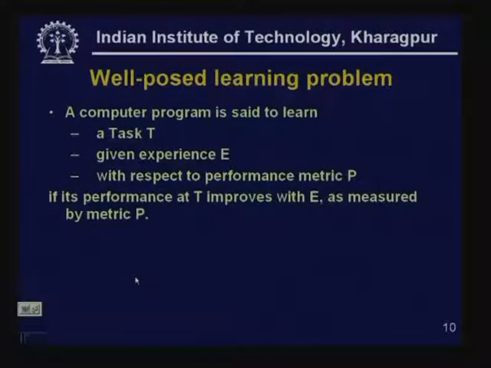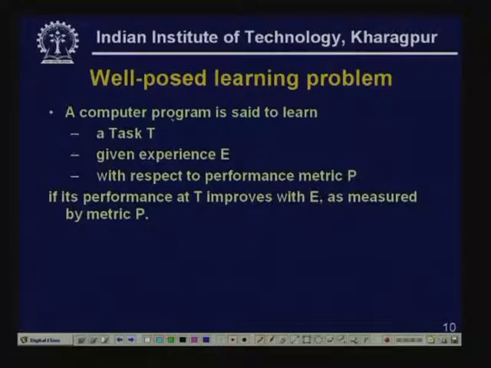So, let us now try to define simply a well posed learning problem. A computer program is set to learn a task T. So, T is the task that the system is trying to learn. And what is the basis by which the system is learning this task T?